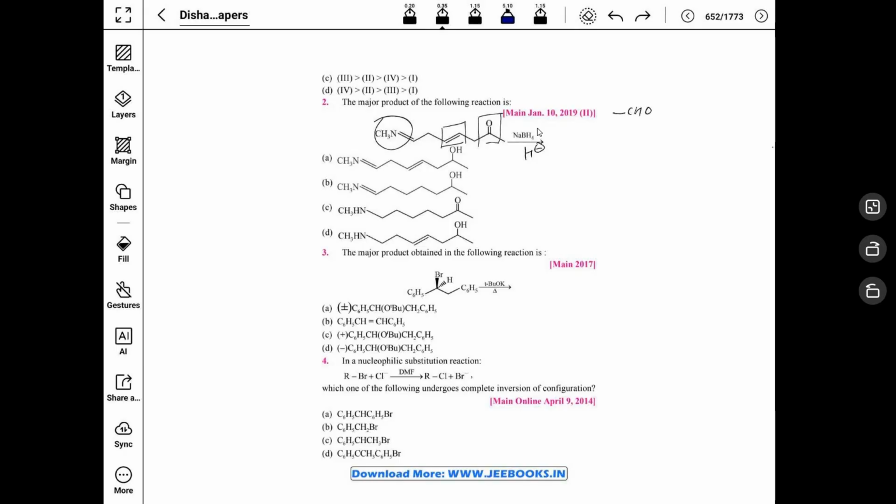Sodium borohydride reduces aldehyde to primary alcohol, ketone to secondary alcohol, and it can also reduce imine to amines.